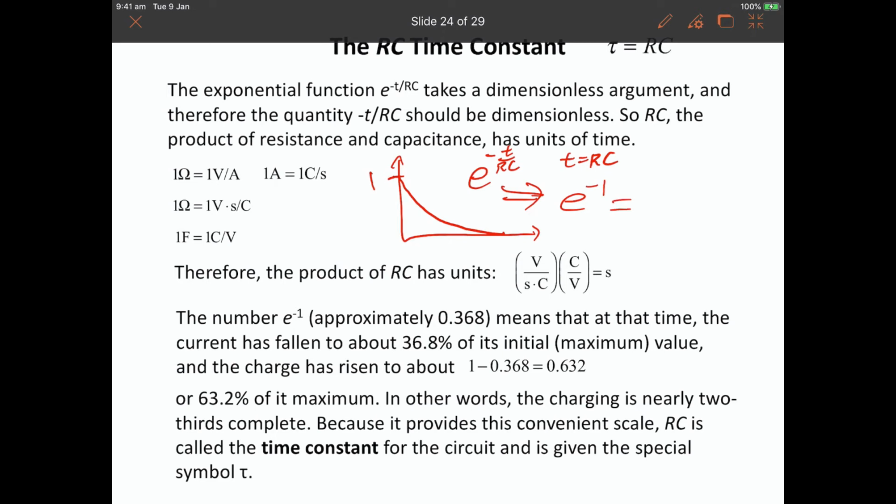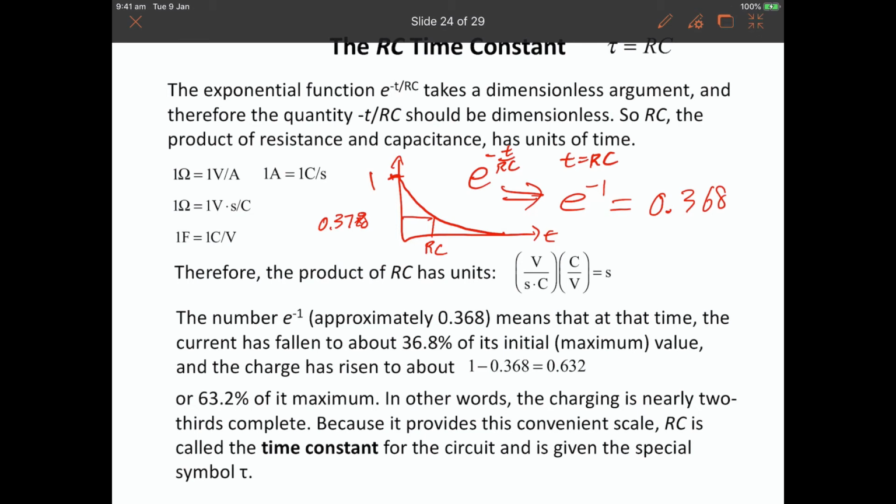Use your calculator. What number do you get? Come on, please. If you don't, I can tell you, 0.368, about 37%. What it means is when the time is 1 RC, it will drop from the initial value to 0.37 of the initial value.